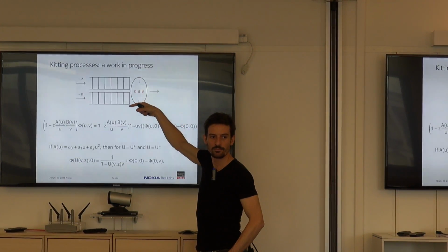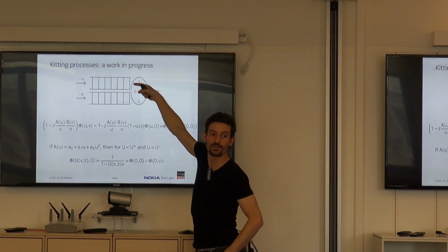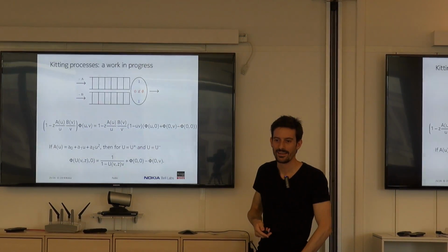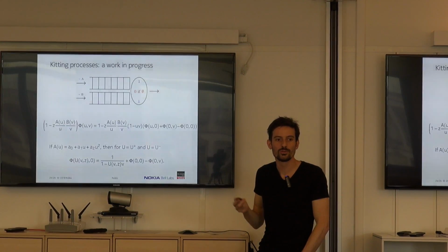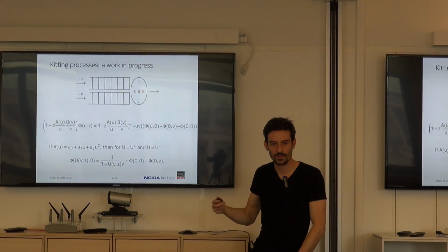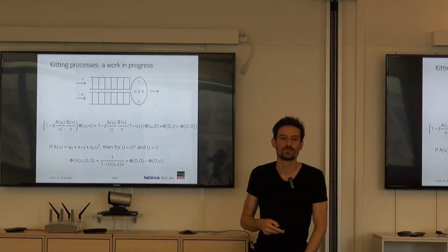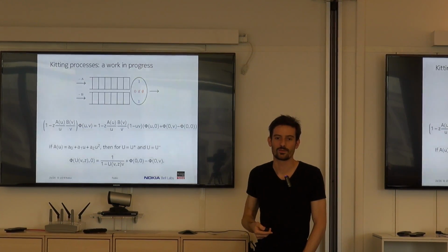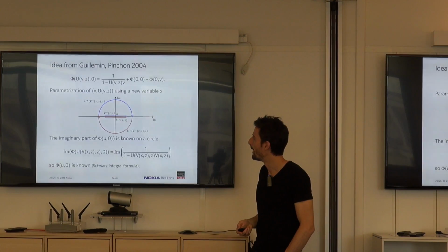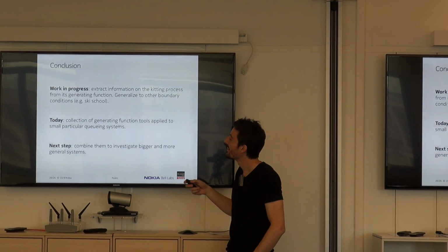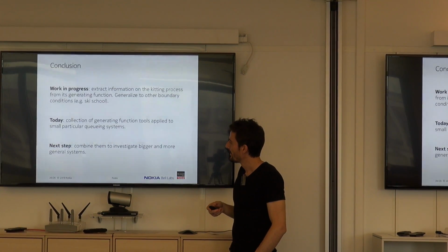And if one is empty, you serve two from the other line because you have more capabilities then. So that would be different, but that should lead to the same kind of equations. Actually, we have the equation. And so the same tools should apply. The methods are quite robust. But it's not done yet, so no promises again. It's a work in progress.